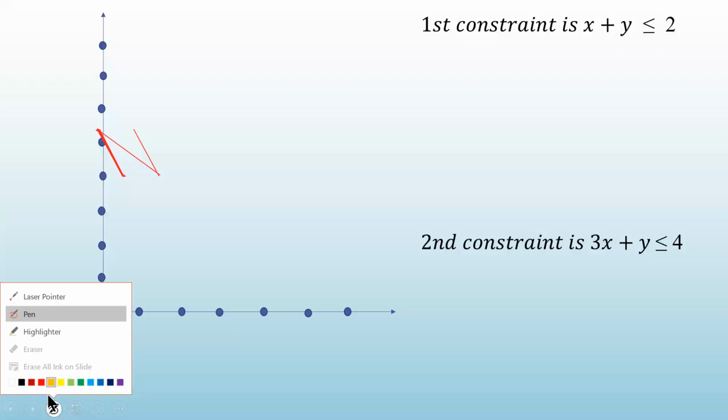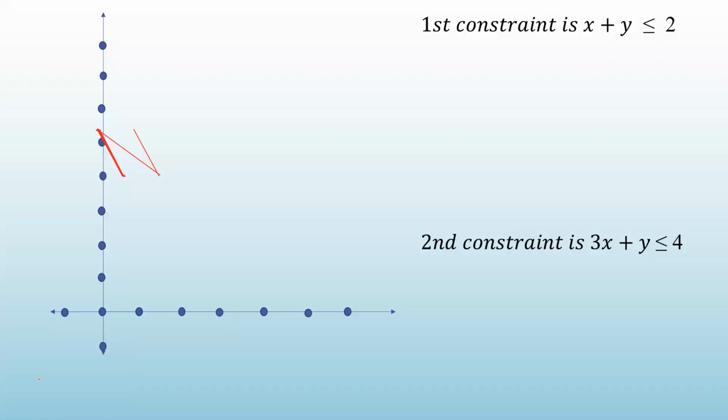So that was (0, 2) and (2, 0). The first line was (0, 2) and (2, 0). This one, correct? Red arrow one. And the second one was this one.